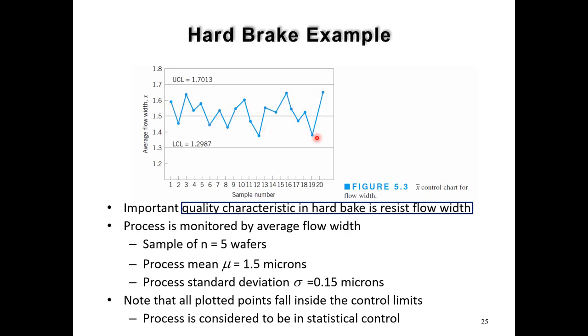So for a control chart, you're going to see jagged lines which represent the readings of your quality characteristic. For this heartbreak example, the data given will show that the process is in statistical control for this set of data.